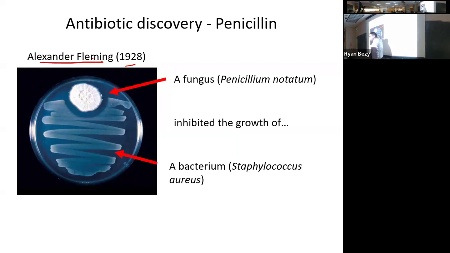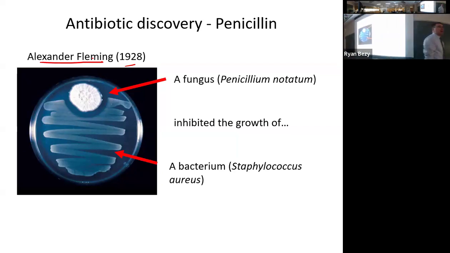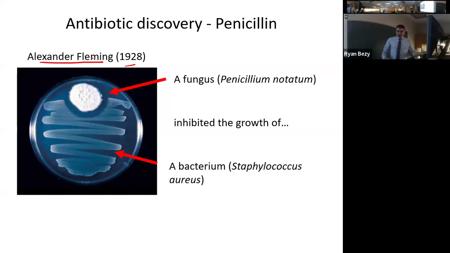The fungus that contaminated it was called Penicillium notatum. It is notable because it makes the penicillin antibiotic, and that inhibited the growth of the Staphylococcus aureus.